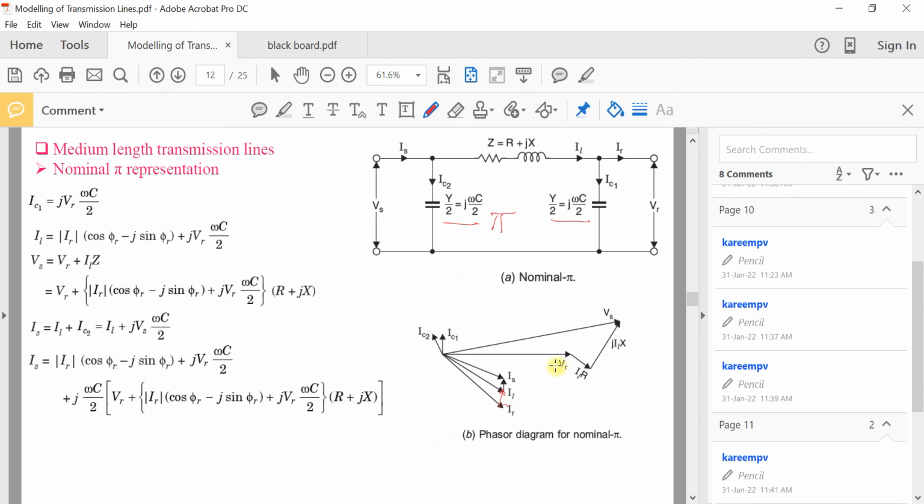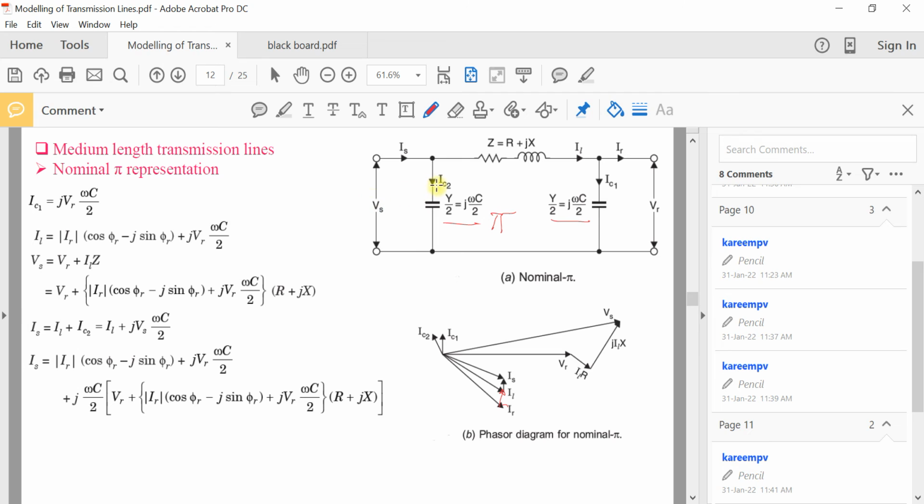So IR will be lagging with respect to VR, and you can see that IC1 will be leading by an angle of 90 degrees with respect to VR. So if this is the phasor VR, IC1 will be leading by 90 degrees. That is why it is drawn like this. This is VR, the voltage across the capacitor, and the current through the capacitor leads by 90 degrees with respect to VR.